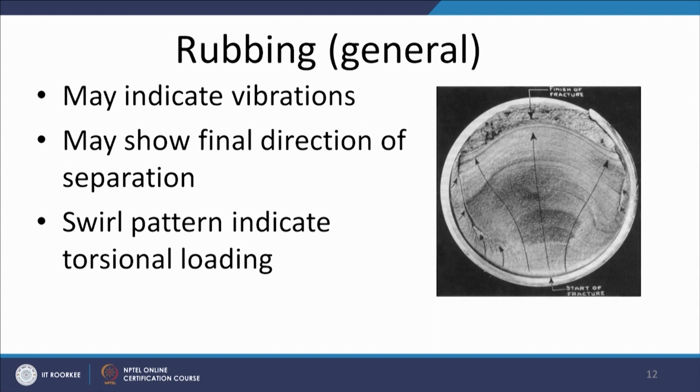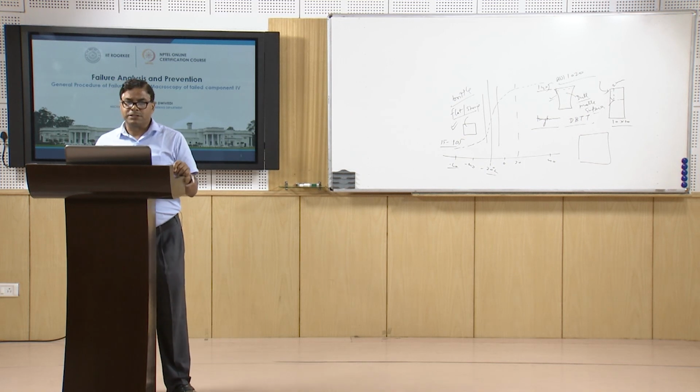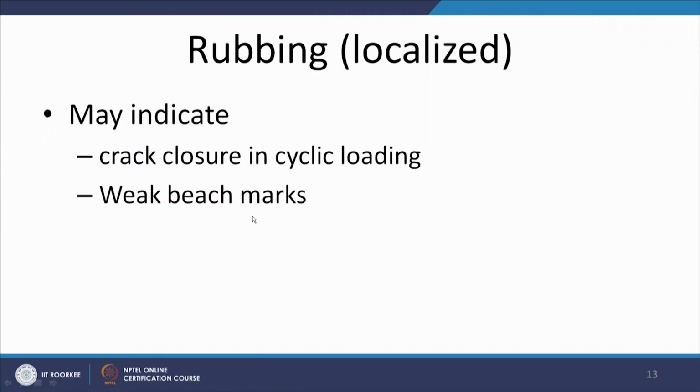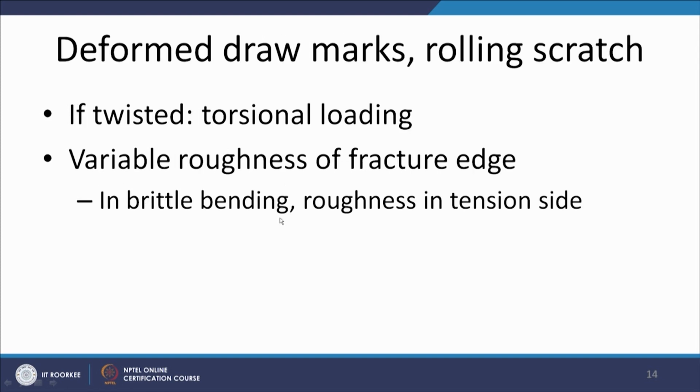When the fracture surface has rubbing features, they indicate the possibility of vibrations, or a rubbing sign also indicates the final direction of the separation, and when swirl patterns are present on the fracture surface, it indicates the possibility of torsional loading. When the rubbing is localized, it may indicate the crack closure location in case of cyclic loading, or the presence of weak beach marks.